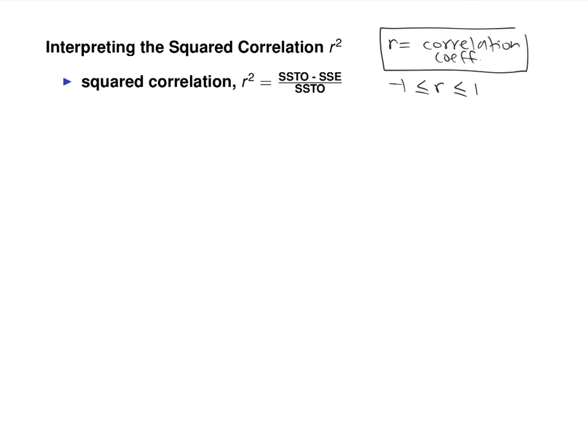So first of all, if r is between -1 and 1, what happens when you square all those numbers? If you square 1, you're never going to get anything bigger than 1. But -1 squares to 1. -0.5 squares to +0.25. So you square all the possible r's. The smallest value that r squared can be is 0.